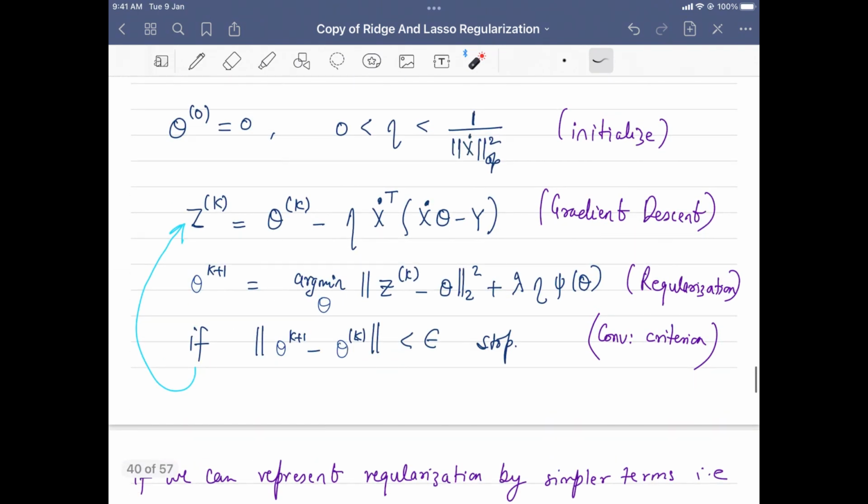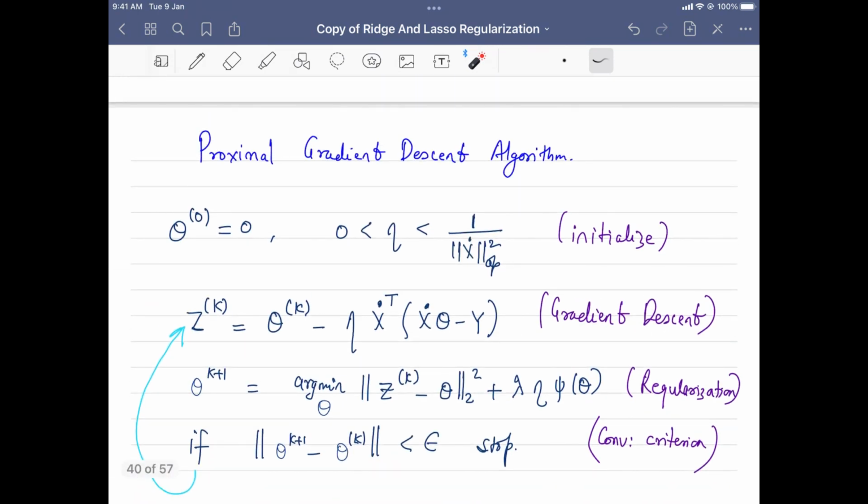So let me show you some examples for this, and then you will understand better what this is all about. The 4 steps required in this algorithm are: the initialization step, then you follow the gradient descent, and once you have this gradient descent done, you use this dummy variable, the vector that you obtain here, in this particular cost function, and you get the value of theta k out.